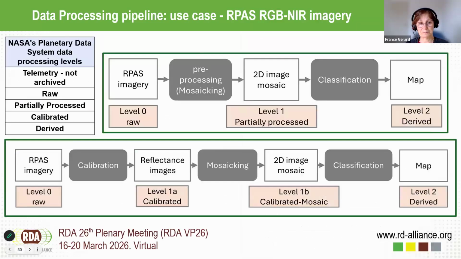Next slide, please. Now, I've been talking about levels 0, 1, 2. However, there's a really good reason why we should move away from sticking with numbers. For example, here we looked at the NASA Planetary Data System data processing levels, and they've moved on.